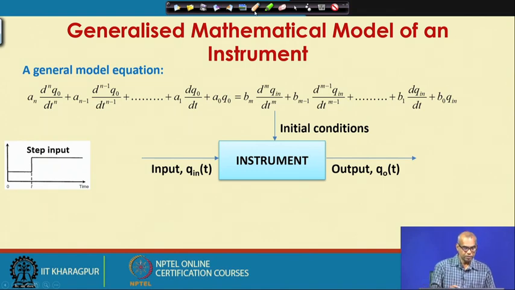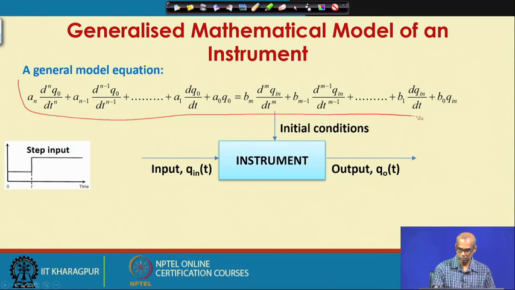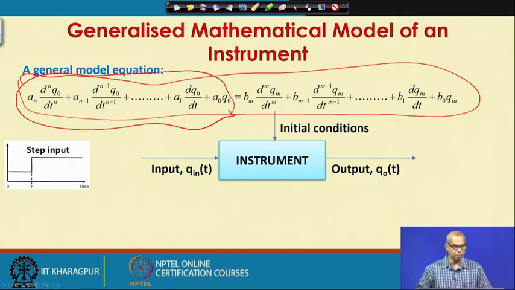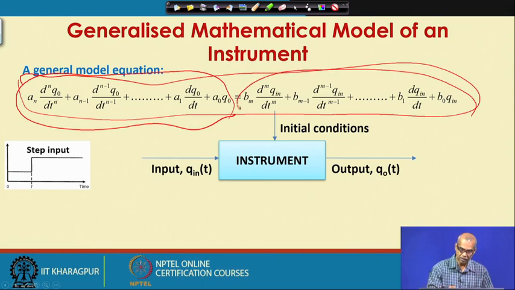So, let us now look at this general nth order ODE. Q0 is the output. The differential equation on the left hand side represents the output and the differential equation on the right hand side represents the input.